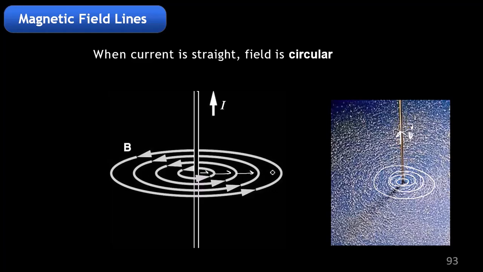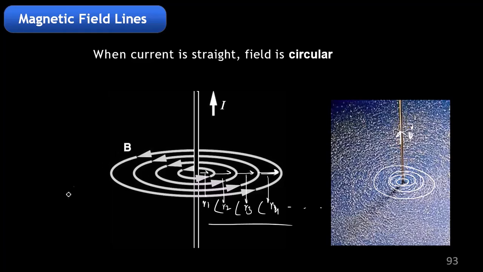If you draw this diagram, you have to ensure the gaps: this is R1, then R2, R3, R4, like this. So R1 is less than R2, and so on. Gradually, as you move away from the center of the wire, the distance between the magnetic field lines should increase.